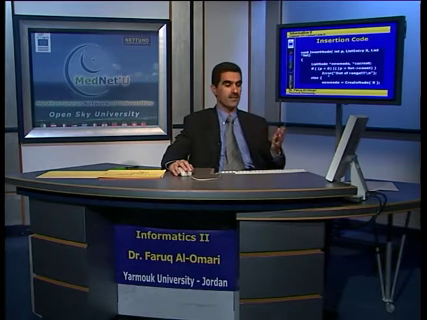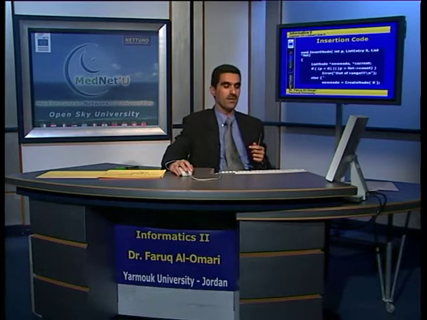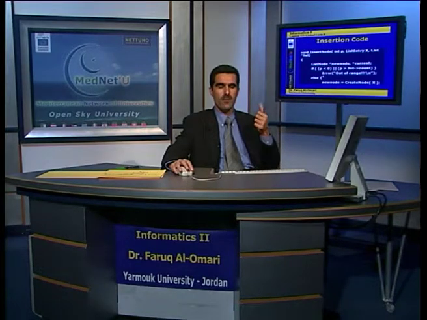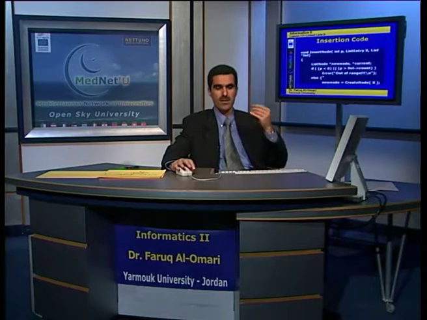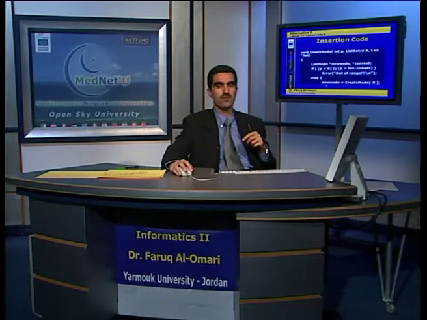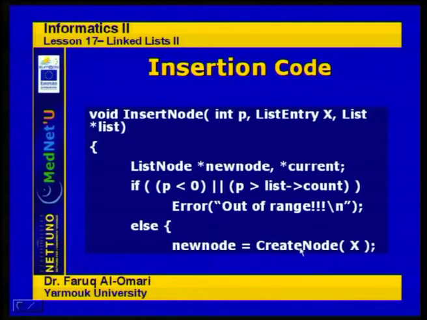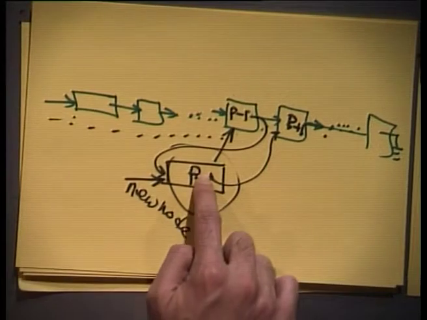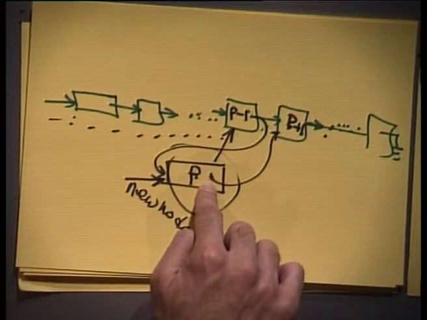Otherwise, if it is a legitimate valid position, then what do I need to do? Remember, step number 0, always in all scenarios, whether at the beginning, middle, or end, is to create a node. So I'm going to call this function create node, which takes only the data. And this create node, if you all remember, returns a pointer that points to an already created node.